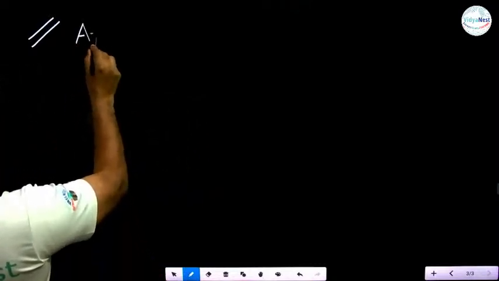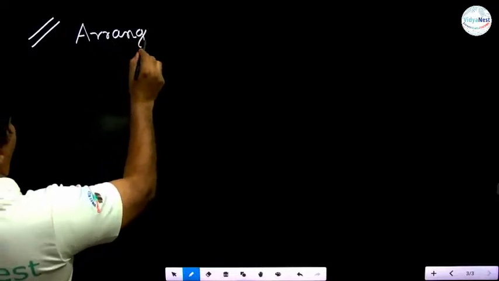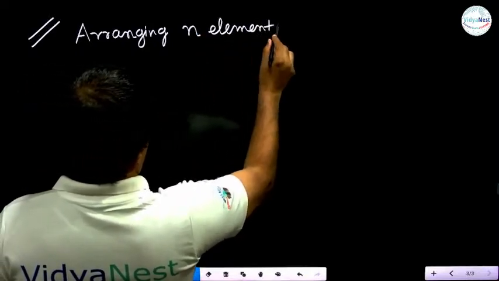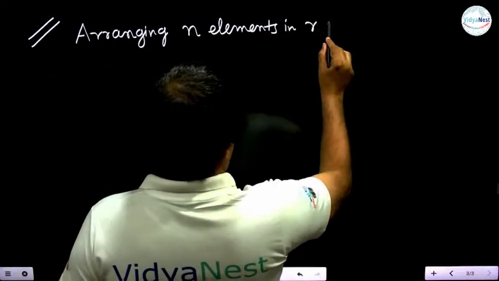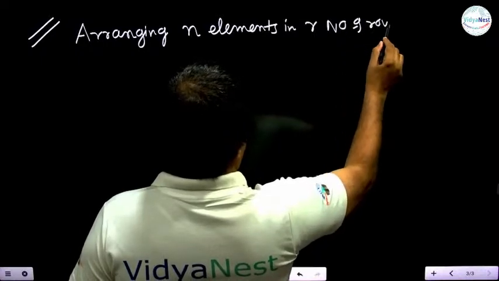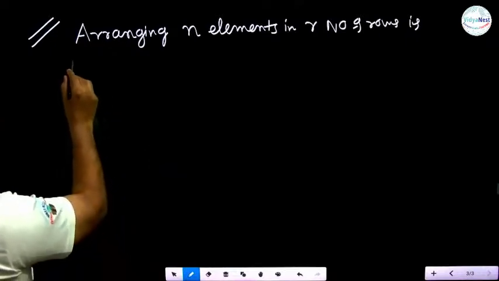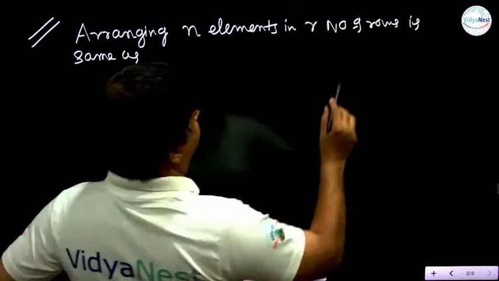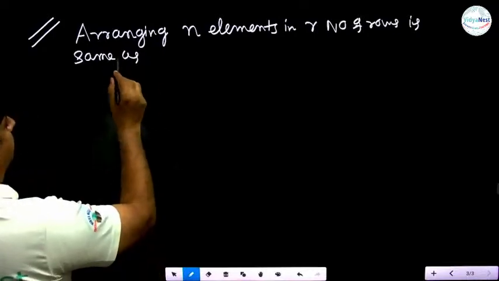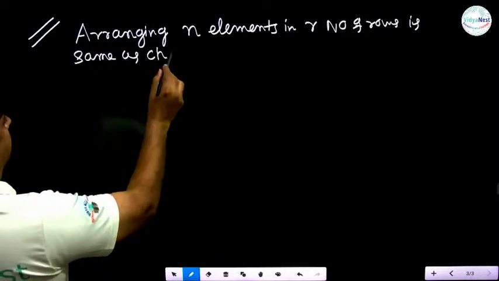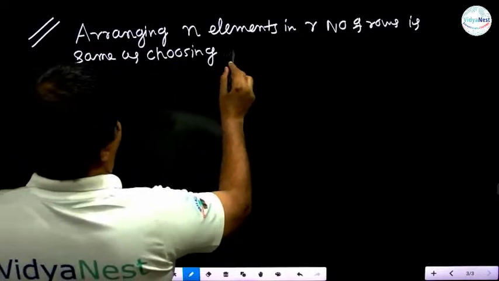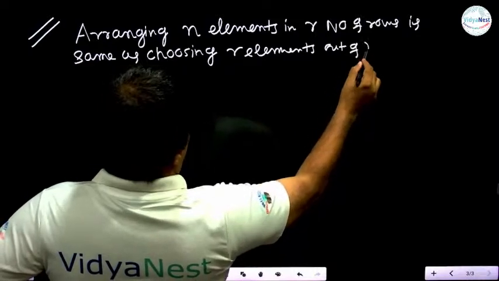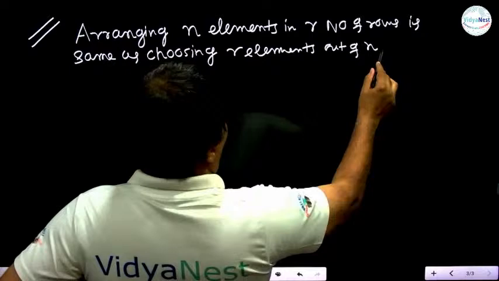Arranging n elements in R number of rows is the same as choosing R elements out of n. Choosing R elements out of n.